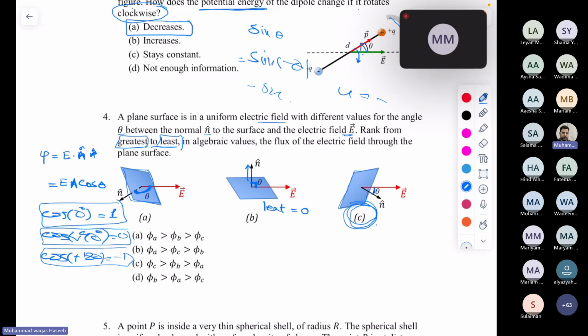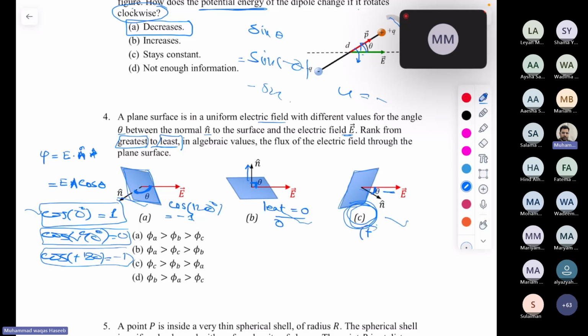So the flux in this case, which is closer to the field lines because it is near to parallel, near to 0, is greater. But if you see this angle, cos has to be like 120 degrees, which is a negative value. So this is 0 and this is a positive value.